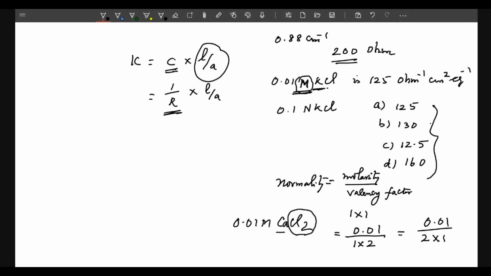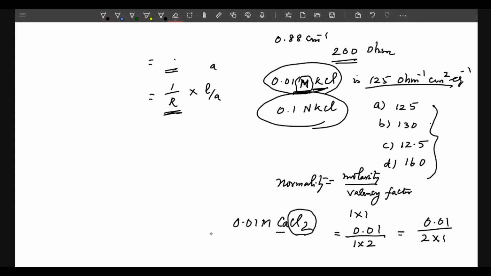Here we are in need of the normality. Here, for this normality of KCl, equivalent conductance is given. Another concentration they are asking. Therefore, here you have to make use of the equivalent conductance formula twice, and you know the methodology to obtain the unknown parameter. The equivalent conductance is equal to kappa into 1000, in centimeter square per equivalent, divided by normality.